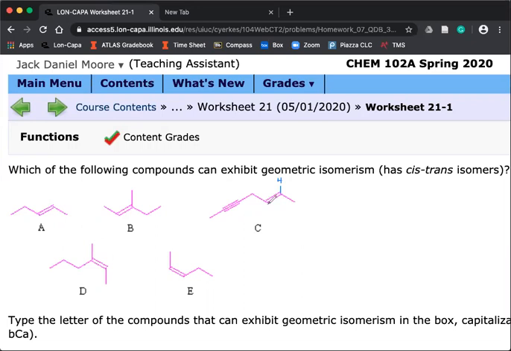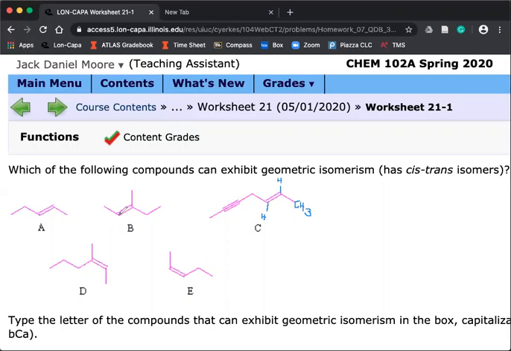This carbon over here is the same, so it's also going to need a hydrogen. And then we can see that about this double bond, we have 2 different groups on each side. We have the CH3 and the hydrogen, and then we have the hydrogen and the rest of our parent chain over here. So we have these 2 different groups, so this compound does exhibit cis-trans isomerism.